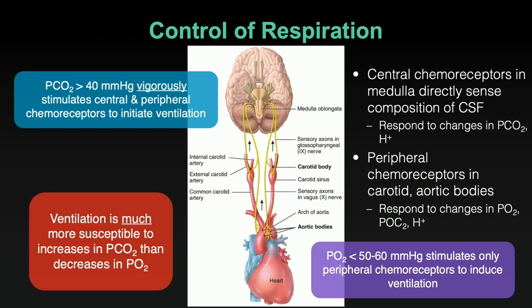Ventilation is much more sensitive to changes in PCO2 than to changes in PO2. Which might be counterintuitive, because oxygen is so vital to maintain normal body processes. Wouldn't that be the most important blood gas to maintain?